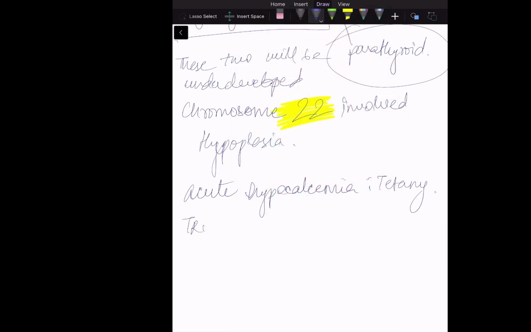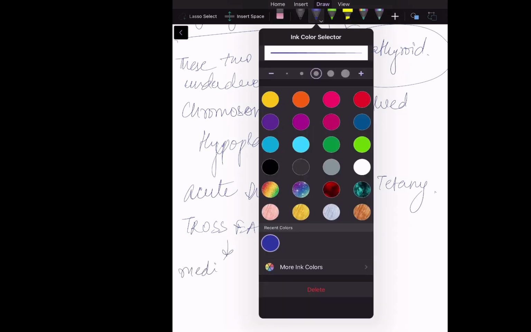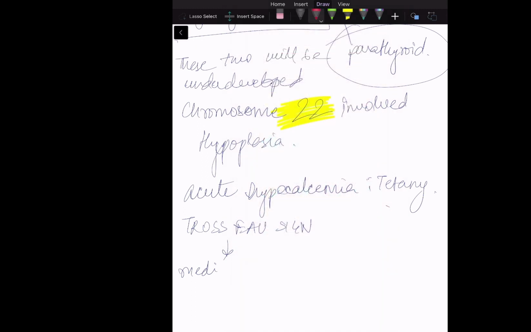We should check for Trousseau's sign. What is Trousseau's sign? It is median nerve excitability.